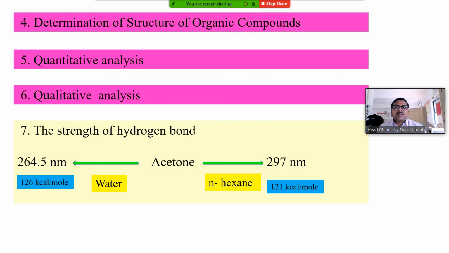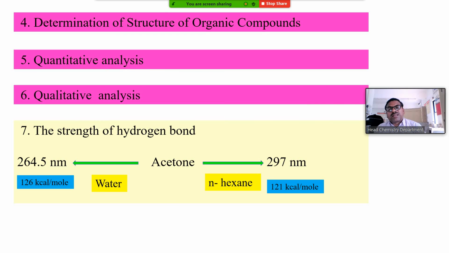But if you take the UV visible spectrum of acetone in n-hexane solvent, n-hexane is non-polar, and therefore you do not find any kind of hydrogen bonding, and therefore the energy is less, and that energy is 121 kilocalories per mole. It means that lambda max is increased here. So when there is no hydrogen bonding, you will have more lambda max. If there is hydrogen bonding, lambda max is lower. So hydrogen bonding definitely reduces the lambda max value of that particular organic compound.